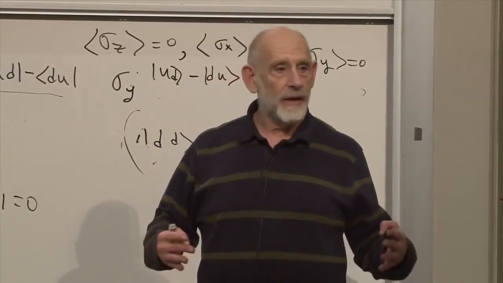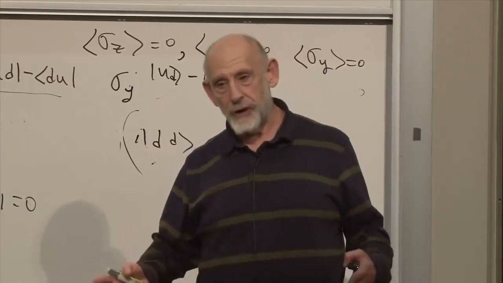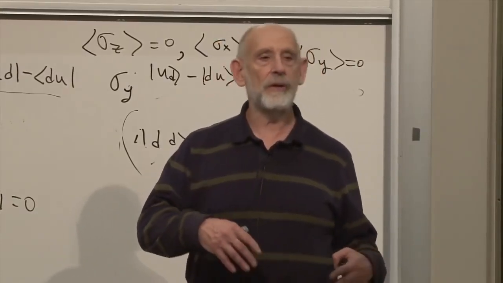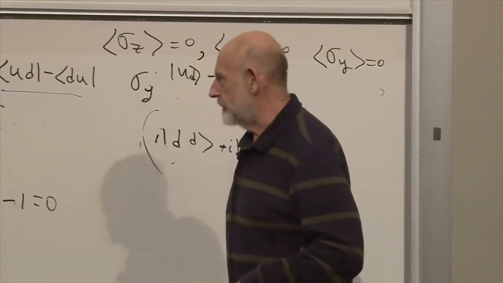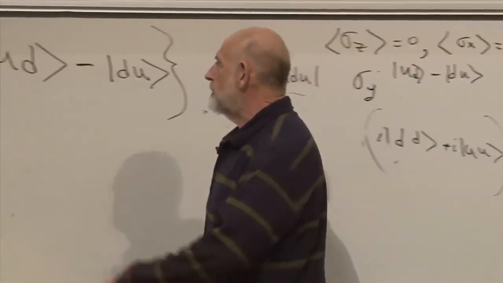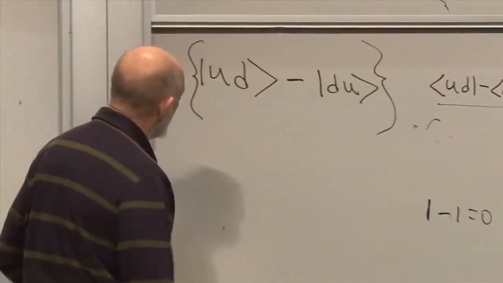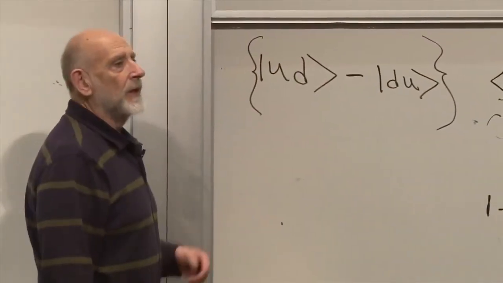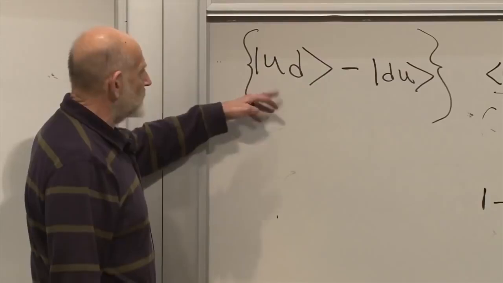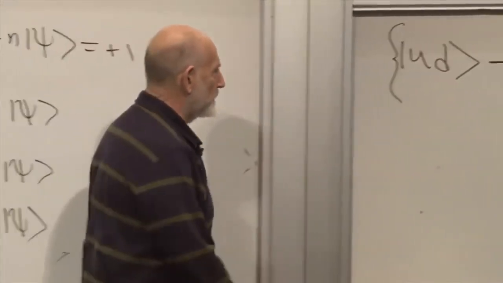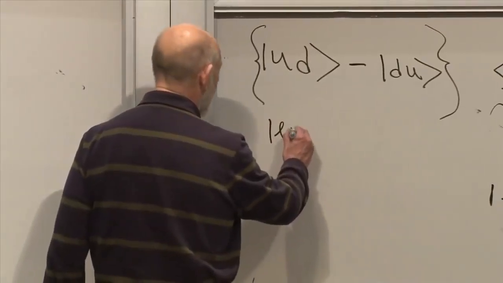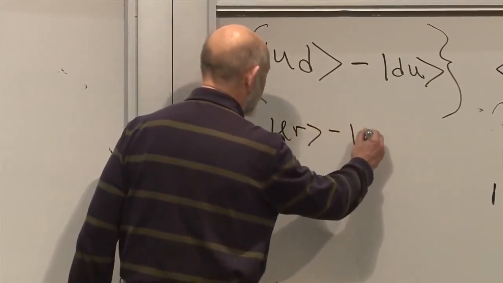For example, up is left plus right, down is left minus right, or whatever it is. The square roots of 2 are there, but you know what I mean. Supposing I write this state, I plug in every place I see down, left minus right, and every place I see up, left plus right. What do I get out of this? The answer is very simple. I get left right minus right left.